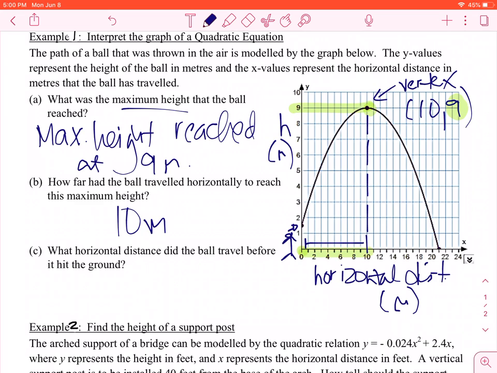So from 0 to 10, and then from 10 to 21, that's 11 meters. We add those two distances together, which means the horizontal distance the ball traveled before it hit the ground was 21 meters. It's all about interpreting the wording that the question provides to you and ensuring that you're working through the application question appropriately.